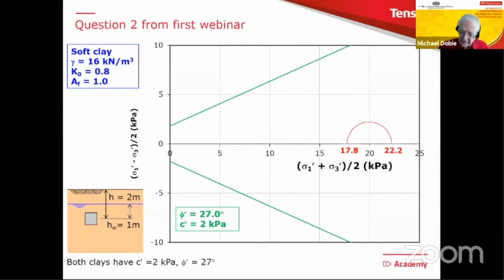K0 is about 0.8. That was from webinar number 1. And I'm assuming A_f, now the A value varies as you shear. It's not a constant value, but for this exercise, we have to assume a single constant value, and we're going to assume 1.